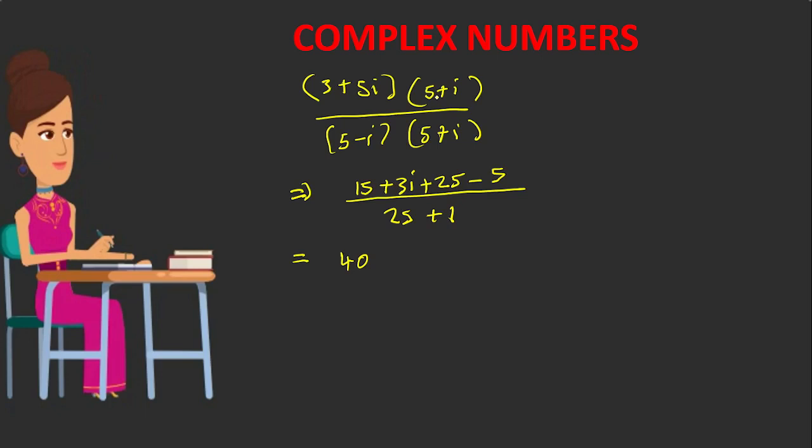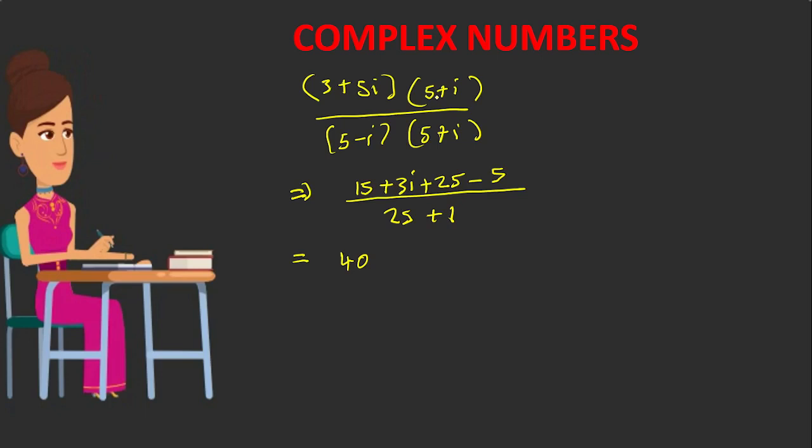And then i squared is negative 1 times that negative, which gave us positive 1. Like terms: this and that are like terms, so this will simply be 10, and then this and that is going to be positive 28.